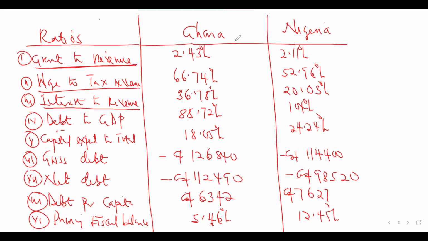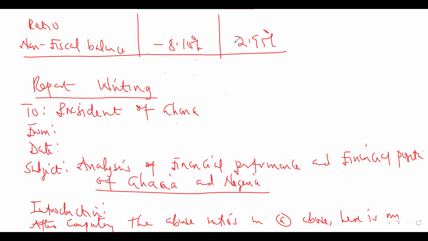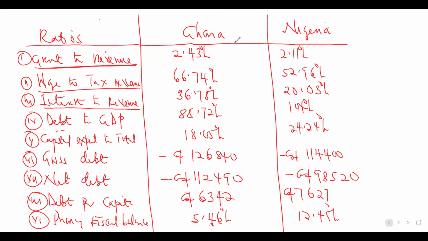Then the net debt, the debt per capita, that is also a burden item, and that can also be used to analyze the financial performance. We can also look at the fiscal balance and all those issues. So you can just pick some of the important items one by one and look at them.